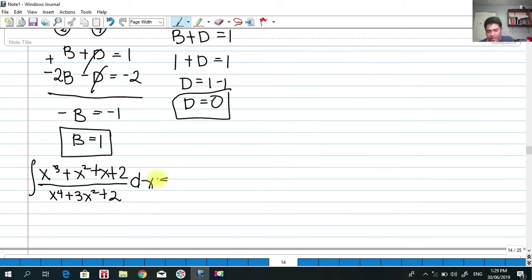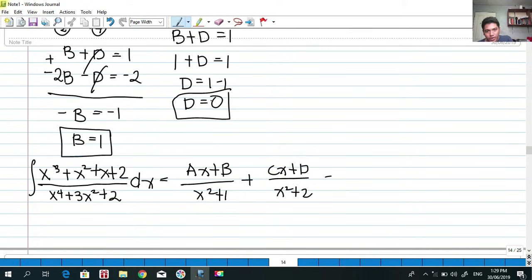That is equivalent to, let me just rewrite again, (ax plus b) over x squared plus 1 plus (cx plus d) over x squared plus 2. We have to integrate this. Let's not forget the x here. We have already got the constant values of a, b, c, and d, so we're going to substitute them here.